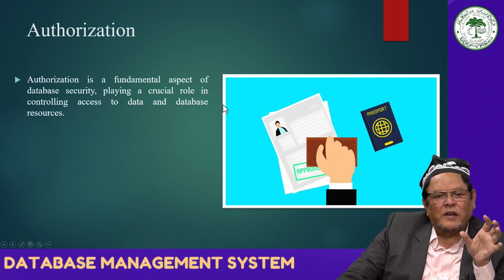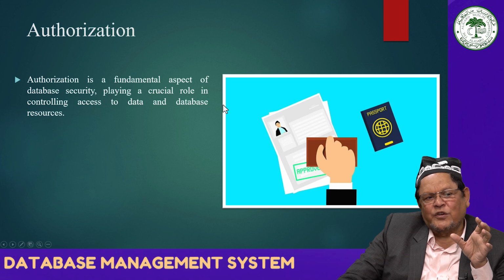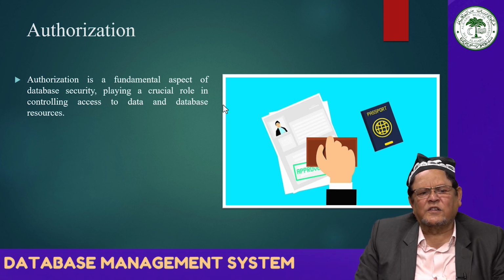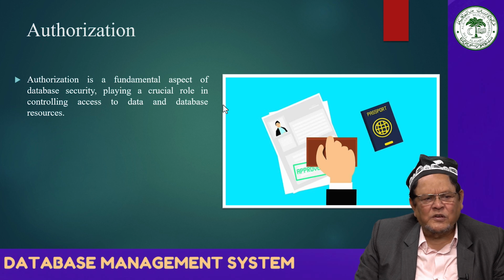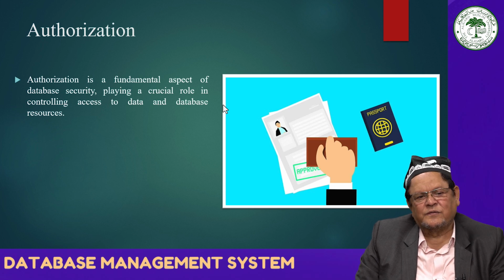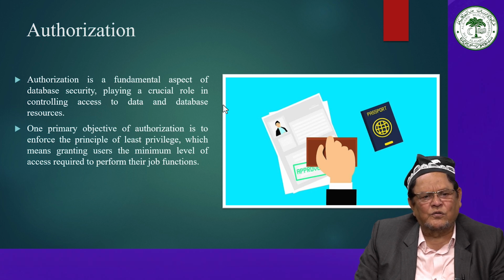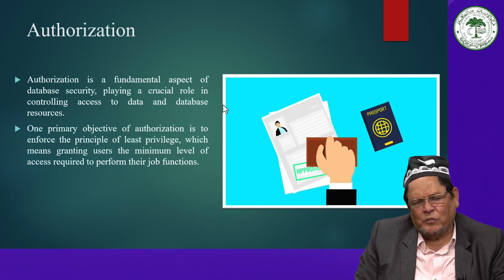Authorization is a fundamental aspect of database security, playing a crucial role in controlling access to data and database resources. One primary objective of data authorization is to enforce the principle of least privilege, which means granting users the minimum level of access required to perform their job and functions.